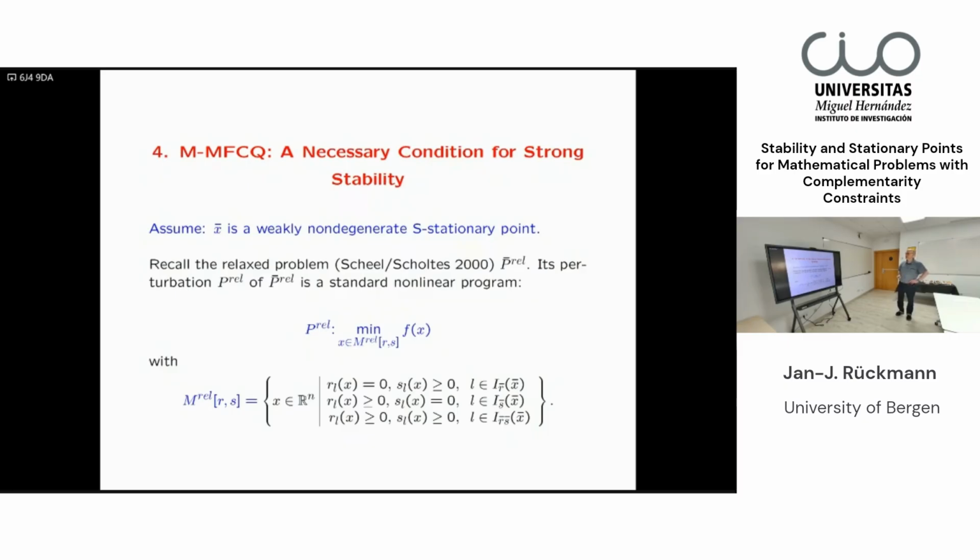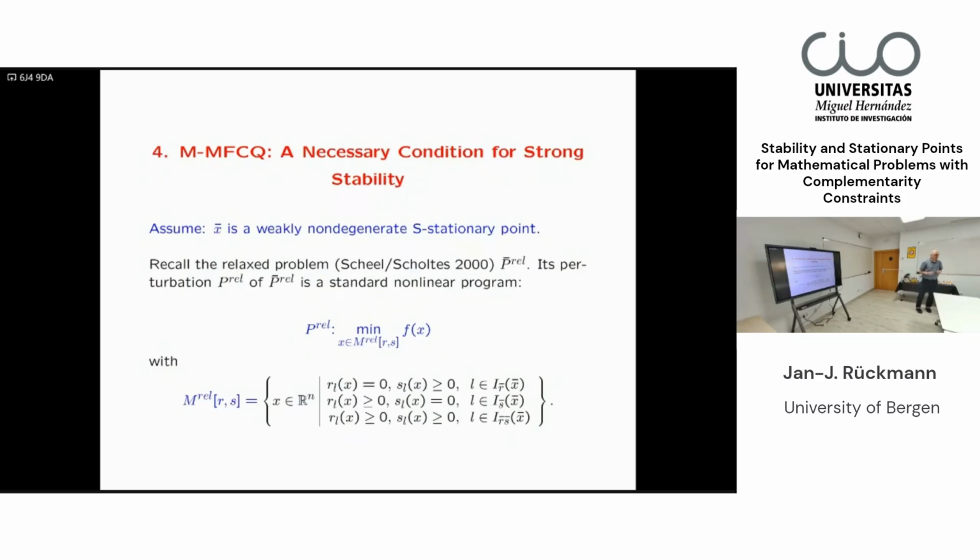Okay, now we come to the Mangasarian-Fromovitz constraint qualification for M stationary points, and we are talking about the necessary condition for strong stability in this setting. In this chapter 4 here, we assume that we are looking at a weakly non-degenerate S stationary point. Remember what weak non-degeneracy was, a concept we introduced here.